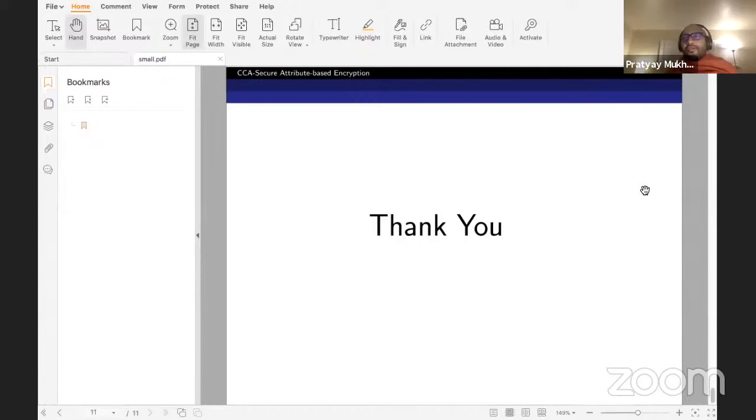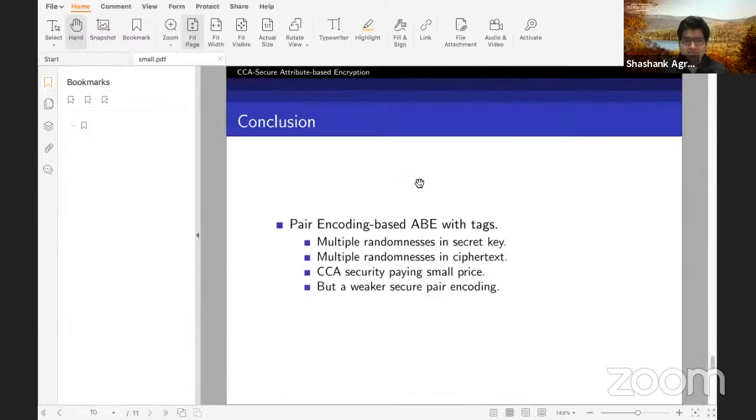Okay, sounds good. Shashank, maybe you can also ask the question. On the last slide, you mentioned that the notion of security you achieve is somewhat weaker for pair encodings. Weaker in what sense? So in case of pair encoding, there are something called lone variables and non-lone variables.